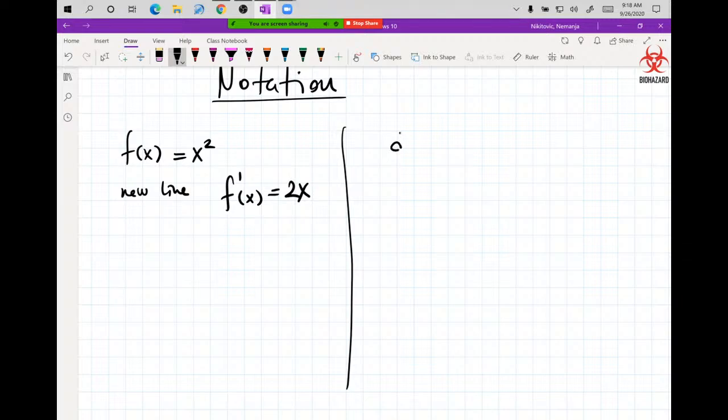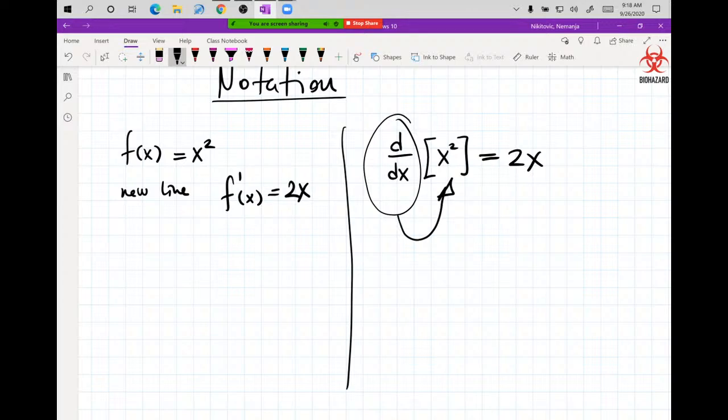Leibniz notation is better because you can do it in line. So over here, you already have the derivative applied to this function to give you this answer on the other side. So you have the choice of writing one line the function, the next line the derivative.